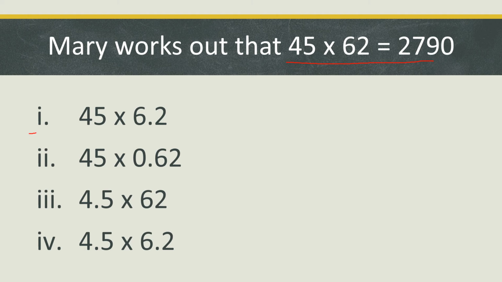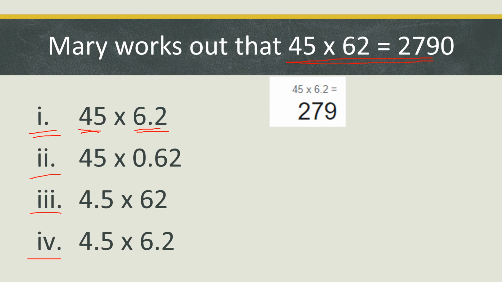The answer for number 1, 45 multiplied by 6.2. So you don't really need to work out the answer for all of this. There's actually a pattern I'm going to tell you. So they have given you that 45 multiplied by 62 is 2790, and now they are asking you 45 multiplied by 6.2. So what is the answer?